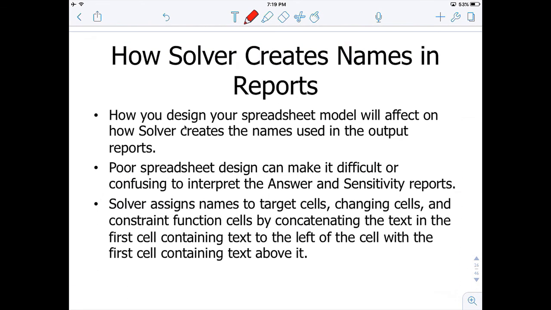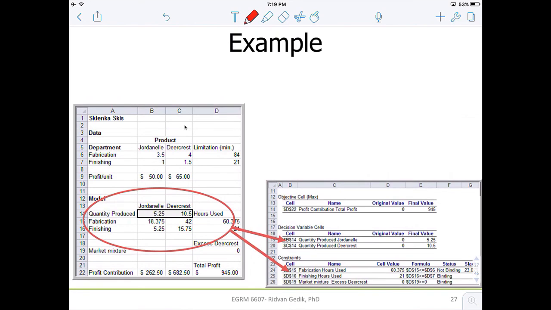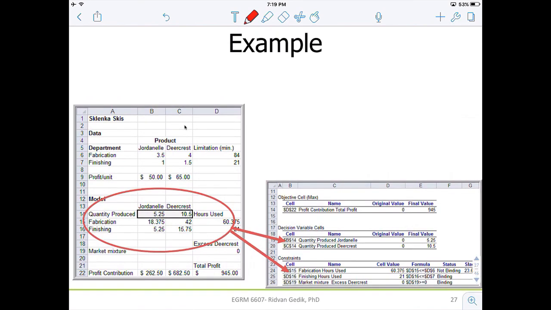It's always a question mark how Solver creates names in reports. You have to create your template efficiently. So for this Excel file that we just produced, these are the names of our decision variables. What Excel did is it picked up this keyword and merged it with Jordanelle and Deercrest, and named our decision variables.